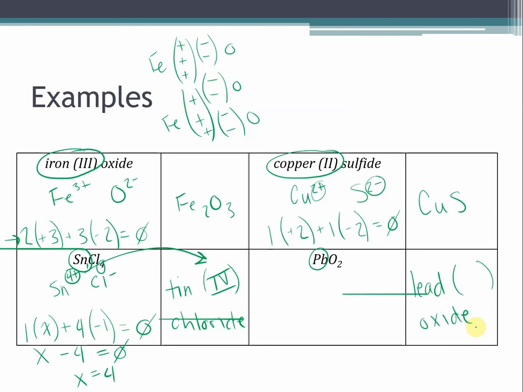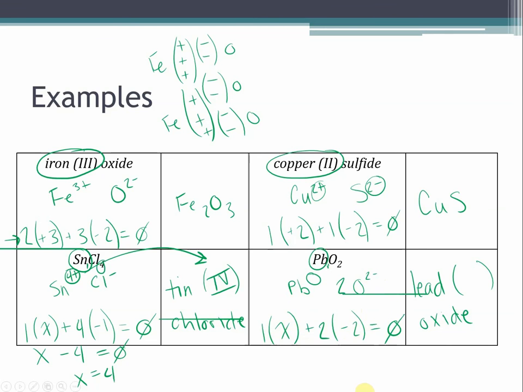What we do know is that we have a single lead ion of unknown charge, and we know that we have 2 oxides that each have a 2 negative charge. So we can set our math up again. 1 lead times, we don't know what the charge of lead is, plus 2 oxides times the charge of each oxide, -2, should equal 0.